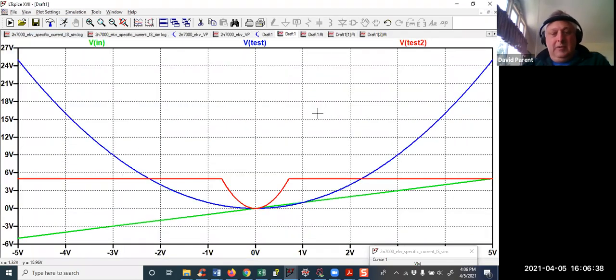And so V in is the input, right? V test is where it's just squared. And notice you get a parabola, right?